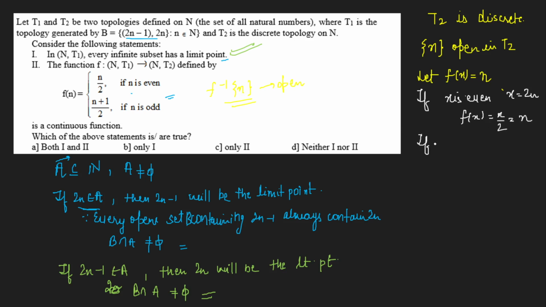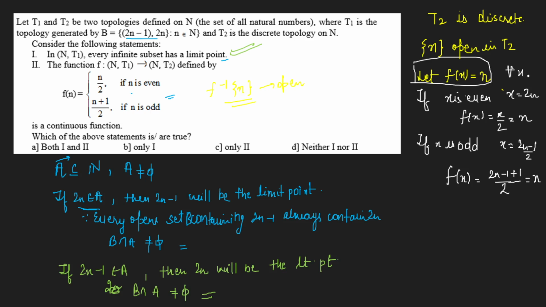If x is odd, so x is of some type like x is equal to 2n minus 1. So when I solve f(x), what would I get? (2n minus 1 plus 1) by 2. So what would we get? I'll get n, right? So I can define f(x) is equal to n for every x, either it is odd or even, right? This will always be equal to n, right?